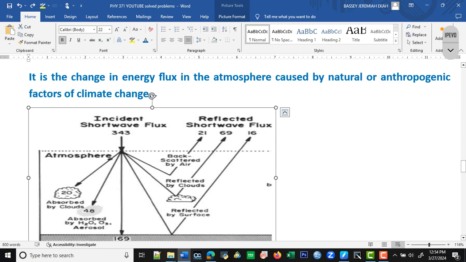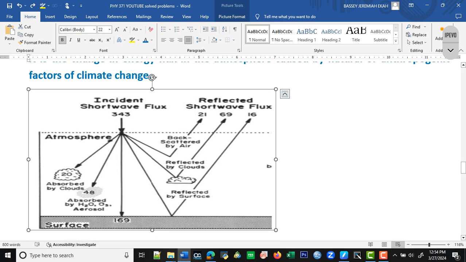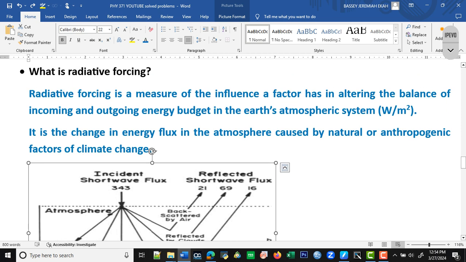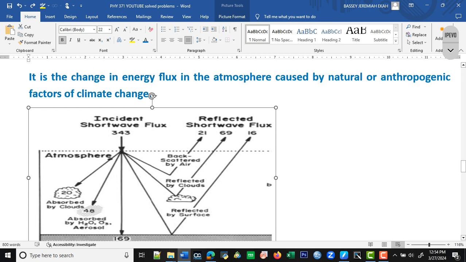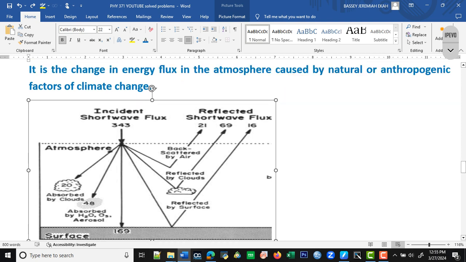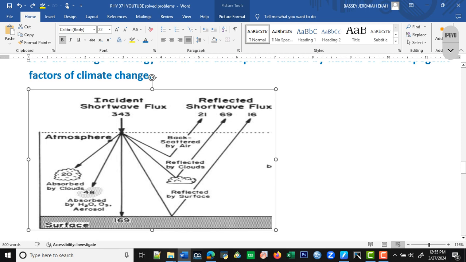Looking at this diagram here, you can see the Earth's energy budget, and it gives account of the amount of incoming energy and the outgoing energy.